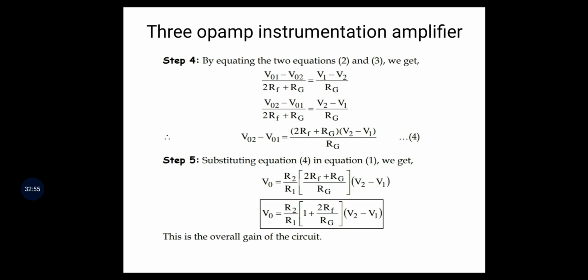Next we substitute equation 4 in equation 1. We get V0 equal to R2 by R1 into (2RF plus Rg) divided by Rg into (V2 minus V1). Finally we got V0 equal to R2 by R1 into (1 plus 2RF by Rg) into (V2 minus V1).